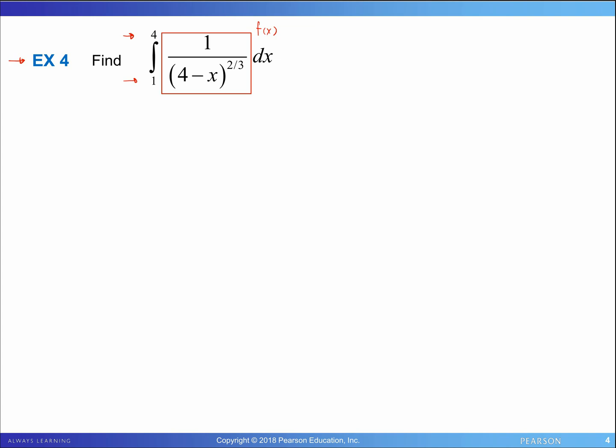At first glance, this integral looks fine because the starting point, which is equal to 1, and the endpoint, which is equal to 4, are well defined.